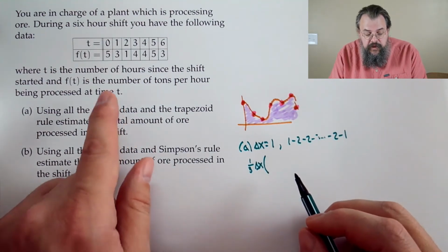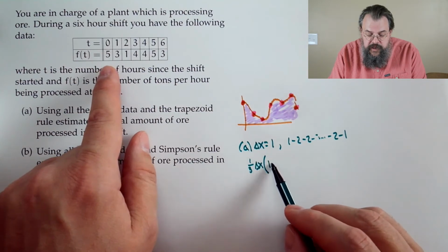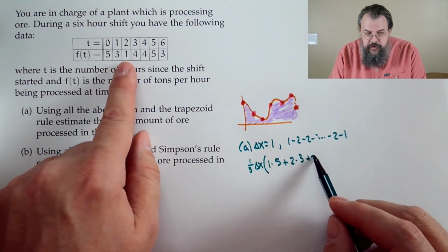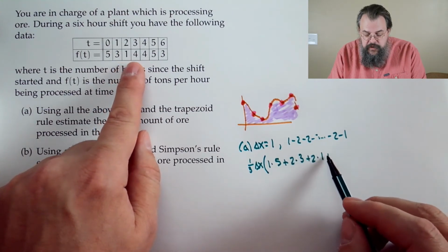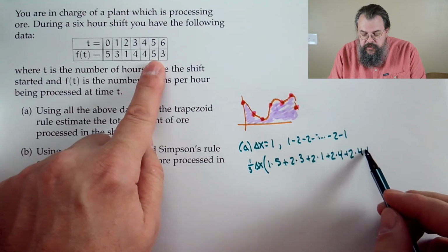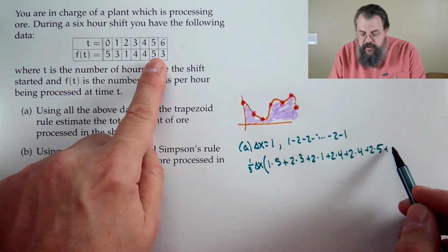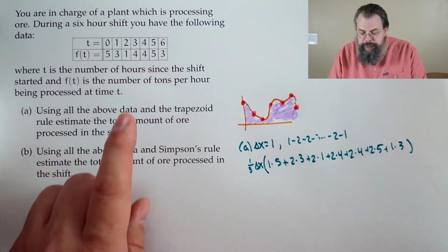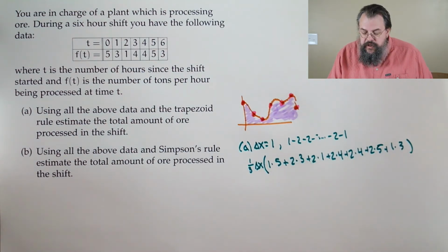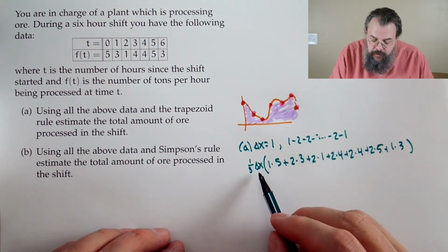In our case, we have 1 times 5, 2 times 3, 2 times 1, 2 times 4, 2 times 4, 2 times 5, and 1 times 3. So that pattern, 1, 2, 2, 2, 2, 2, 1, and the delta x is 1.